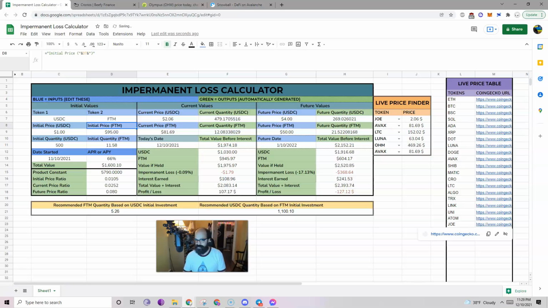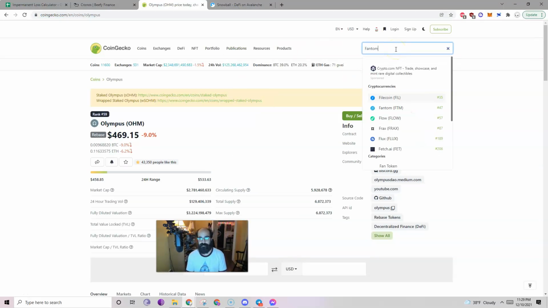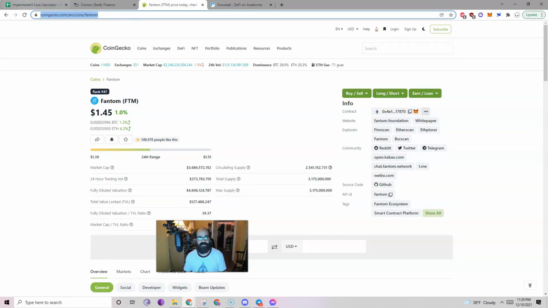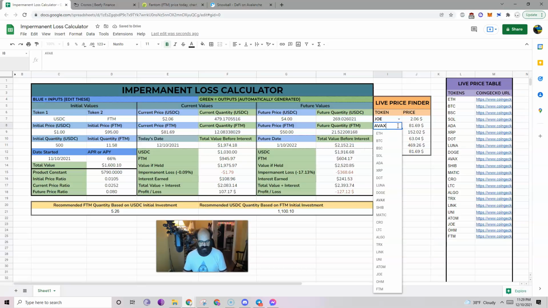Now I will say I don't have Phantom added, so what I'm going to do is do FTM, go over here, type in Phantom, grab this, grab the link, Control C, Control V, boom. Okay, so now I can click on this, type in FTM, or I could have selected it, the $1.45.